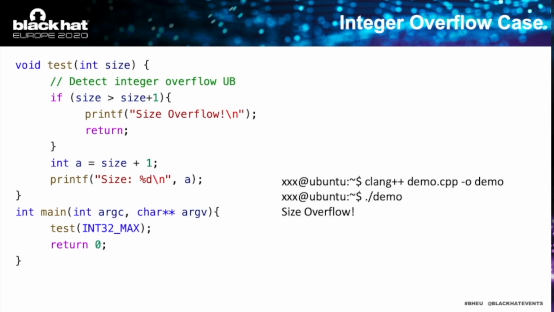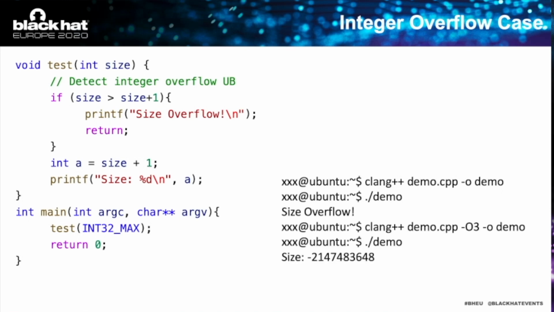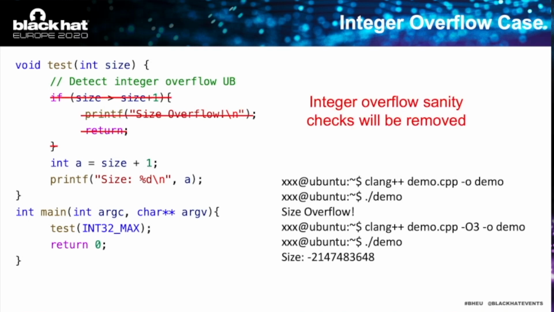For example, in function test, we write an integer overflow sanity check, but the comparison contains undefined behavior. If Clang compiles it in the default configuration, the sanity check works. But at a higher optimization level, the control flow graph of the program has changed. The integer overflow check will be removed.